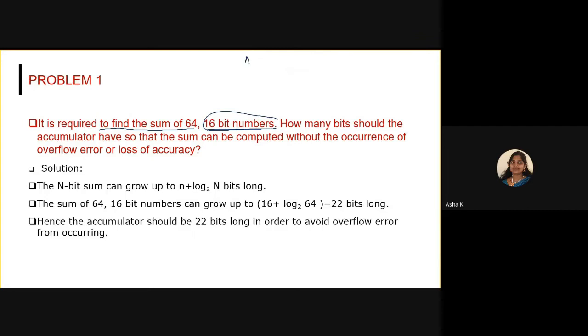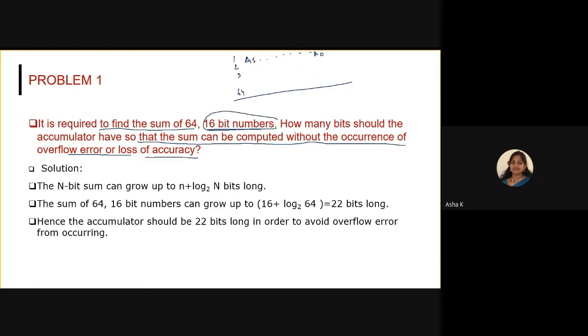Say I have numbers 1, 2, 3, 4 up to 64, 64 different numbers, and each number will have bits A15 to A0, 16 bits. How many bits should the accumulator have so that the sum can be computed without the occurrence of overflow error or loss of accuracy?